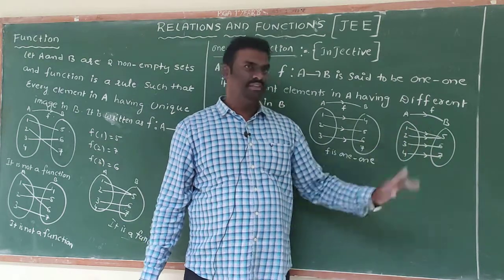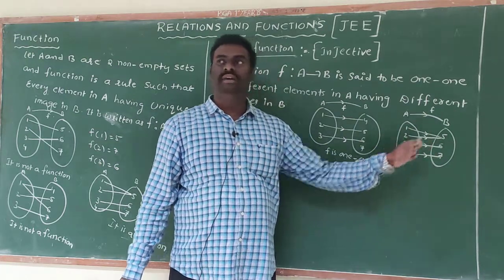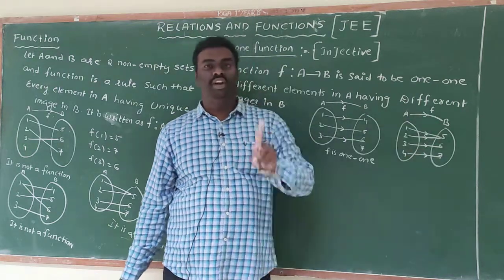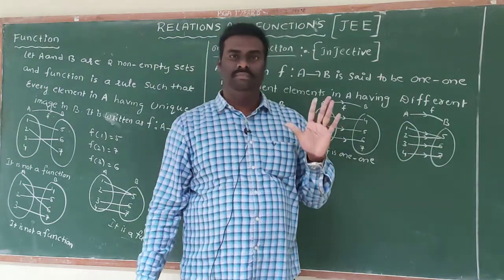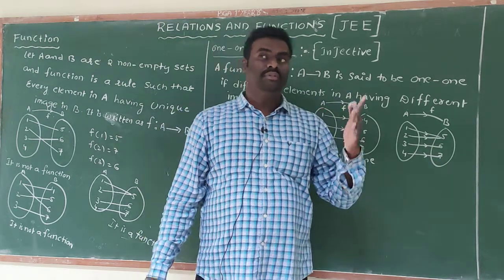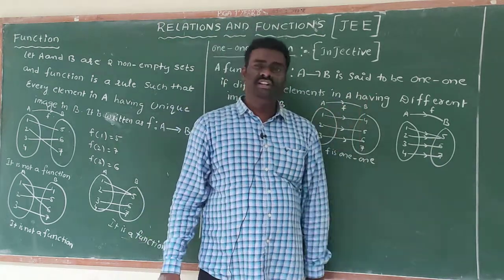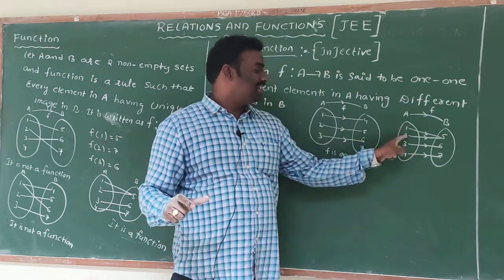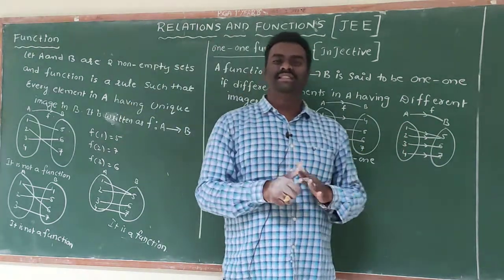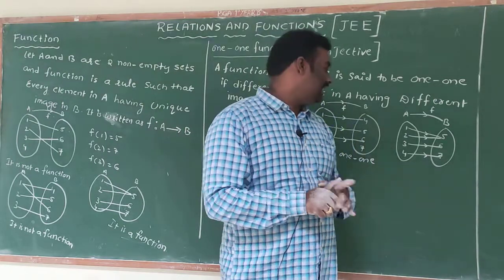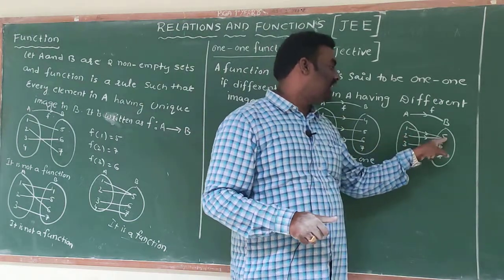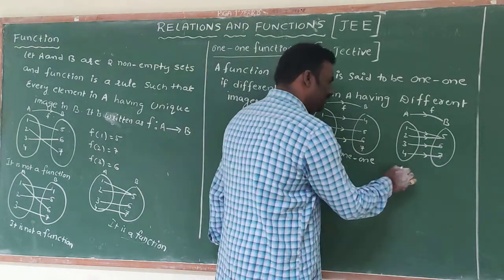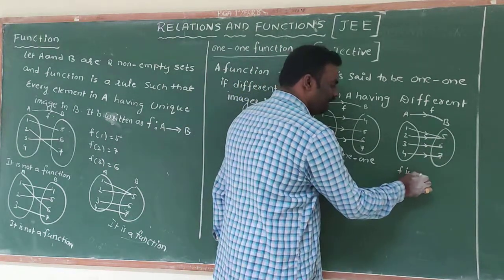Image of 2? 5. Image of 3? 6. Image of 4? 7. So, it is a function. Now, we need to check whether it is one-one. No. Why? Because one-one means different elements have different images. But here, different elements have the same image. That's why f is not one-one.